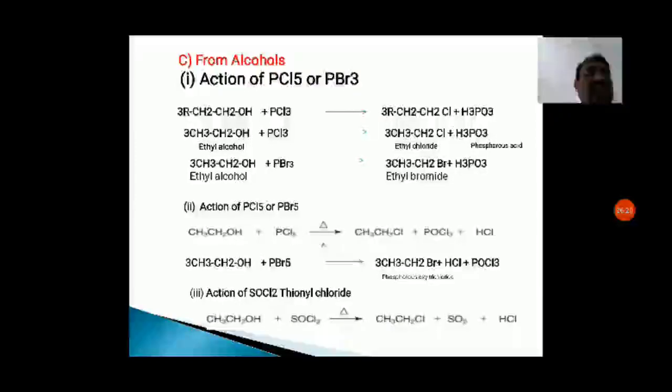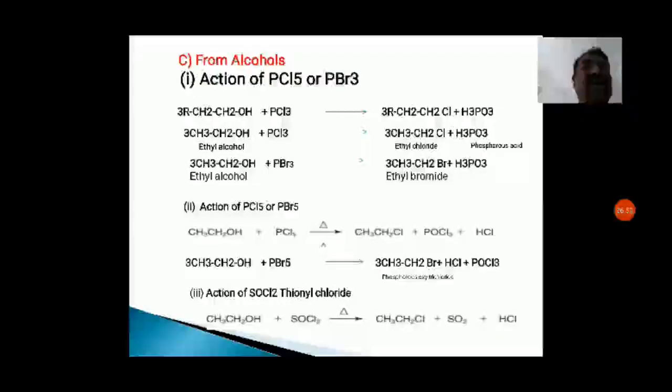In the first reaction, ethyl alcohol is treated with PCl5. There is no need of 3 moles of alcohol. Only 1 mole is required to react with PCl5 or PBr5. So we get 1 mole of ethyl chloride or ethyl bromide, and the byproducts are phosphorus oxytrichloride and HCl.